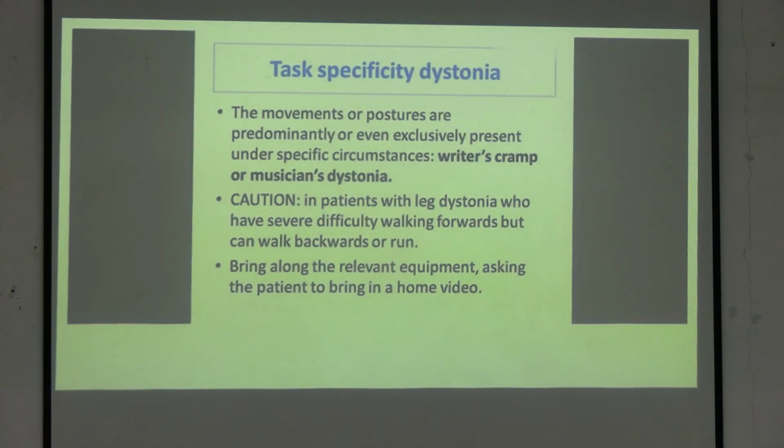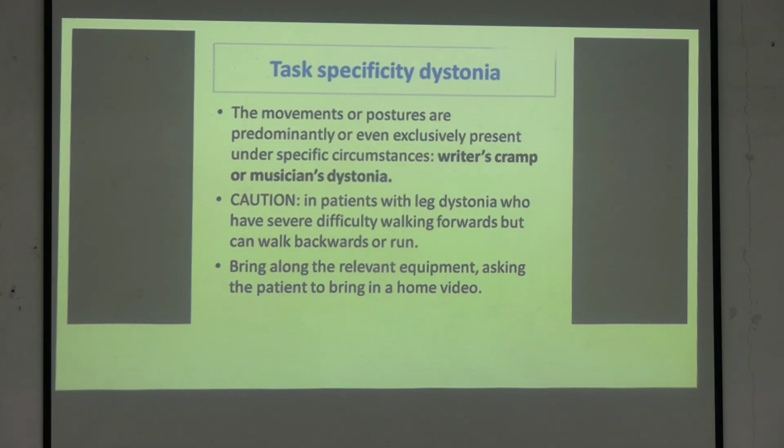Now, there are task-specific dystonias, where the movement or posture is predominantly affected, like writer's cramp, which is a type of dystonia. Musicians also get dystonia. Writers have two types. I have already described the writer's tremor. In tremor, the distal fingers are affected, but in dystonia, the wrists are affected.